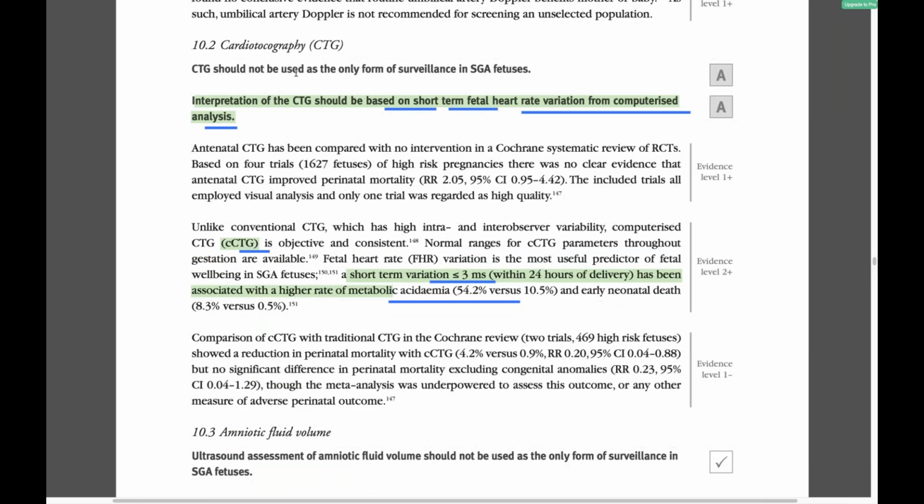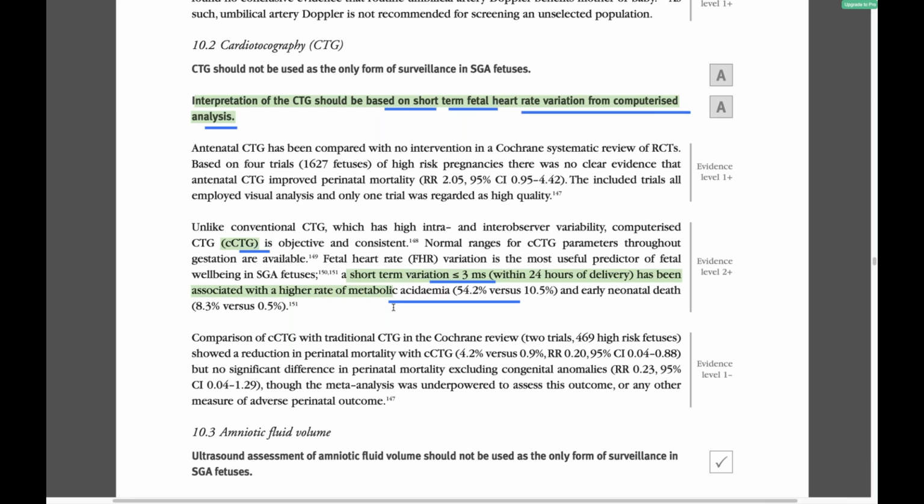Now, in computerized CTG, they measure short-term variation. If the short-term variation is less than 3 ms, then there is a high rate of metabolic acidemia.